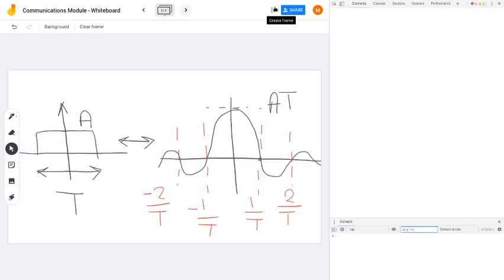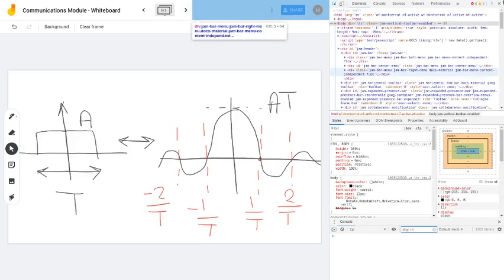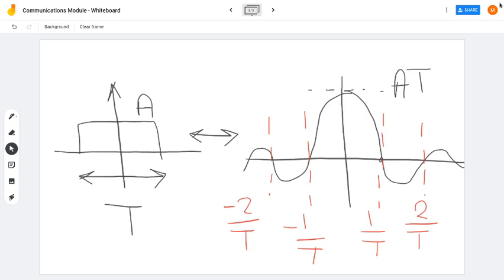So in order to understand the relation between the pulse width T and the bandwidth, let's consider a rectangular pulse centered around 0, and the width of the pulse is capital T and amplitude A. Using Fourier transform, we know that the spectrum of this rectangular pulse is a sinc function whose amplitude is AT, and the zero crossings of the sinc function are located at 1 over T, 2 over T, and so on.